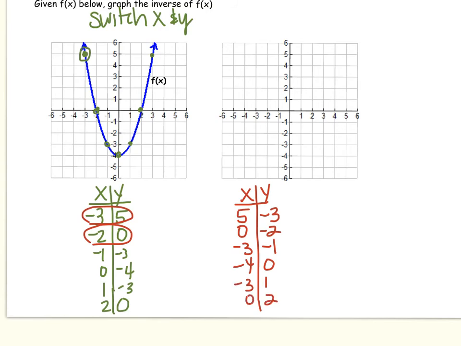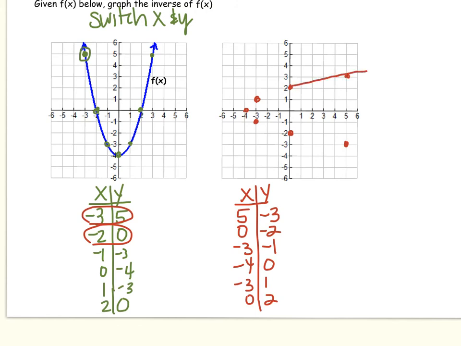So I'm going to take all of those points and plot them. I think the last one that I couldn't fit would be right here.